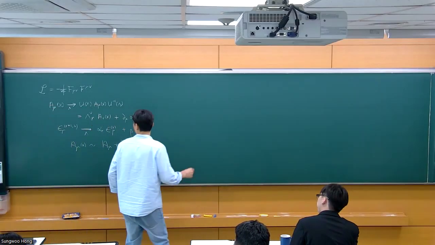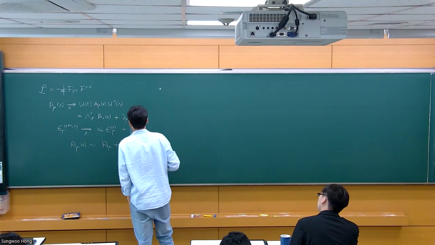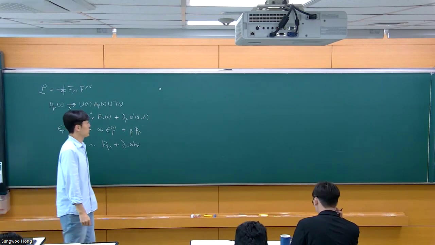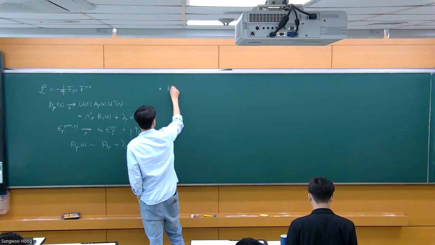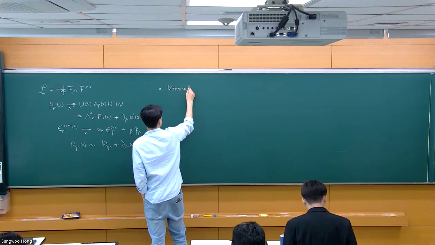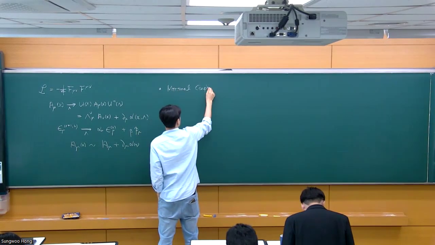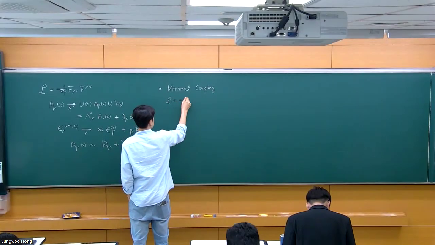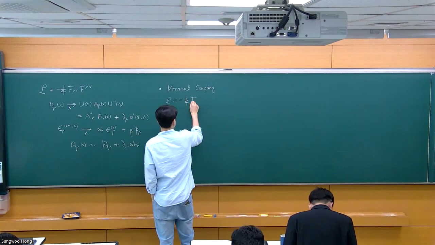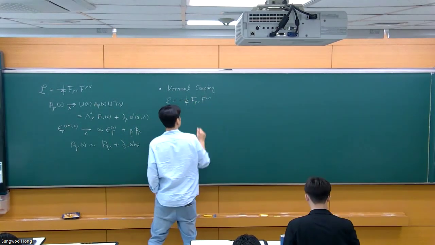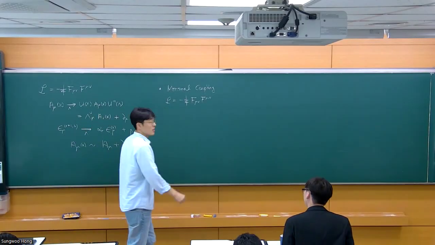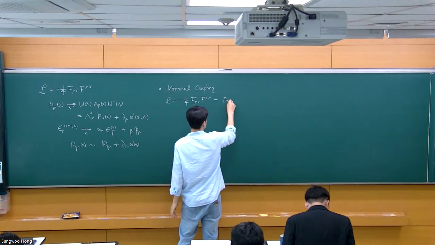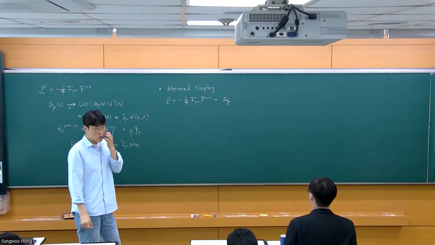Now today we're going to talk first about coupling this theory to matter fields. So we're going to talk about minimal coupling. To get a sense of this, let's start with this massless vector field theory and couple it to a source.